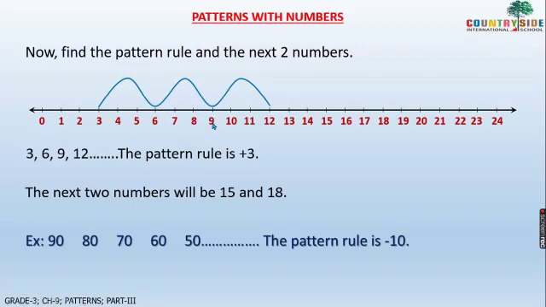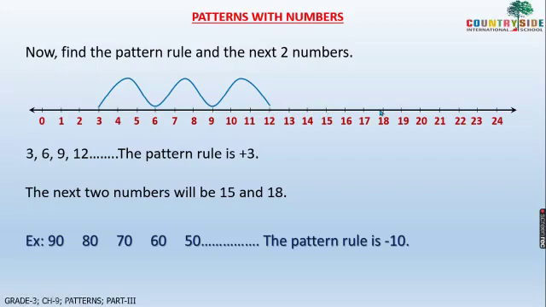So 3, 6, 9, 12. Then what will be next, children? After 12, I will skip a few numbers and it will be 15. Because how many numbers have I skipped? Two numbers. So here also two numbers I will skip, that is 13 and 14, and after 12 it will be 15. Then again two numbers I am skipping, and it will be 18.